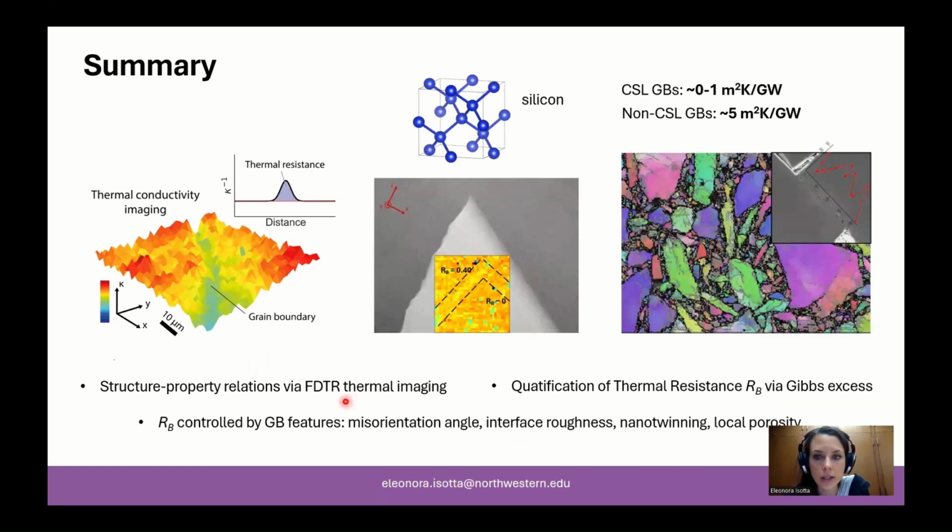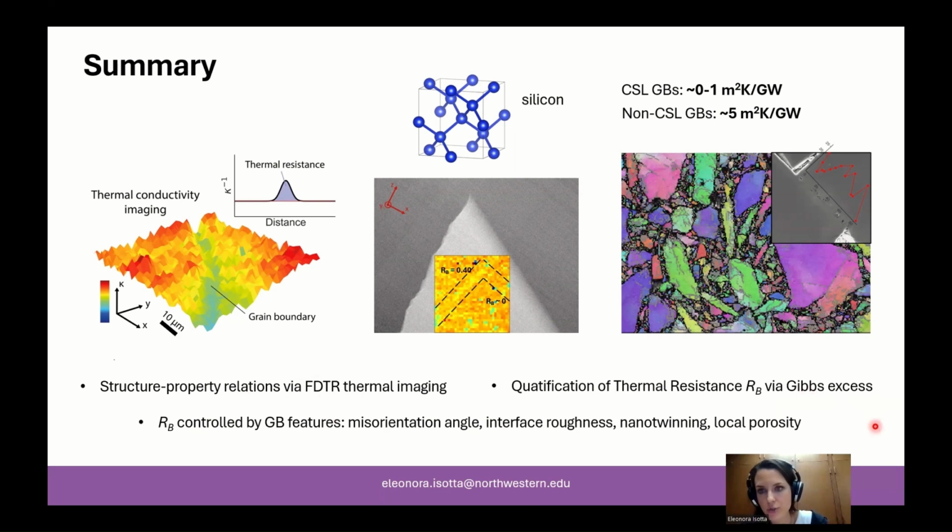By doing so in silicon, we understood that there are a number of different features that can impact the estimate of excess resistance, in particular the misorientation angle that was also identified previously. And for silicon, we specifically noticed the impact of interface roughness, nanotwinning, and local porosity, which all increase the excess boundary resistance, but in different ways.